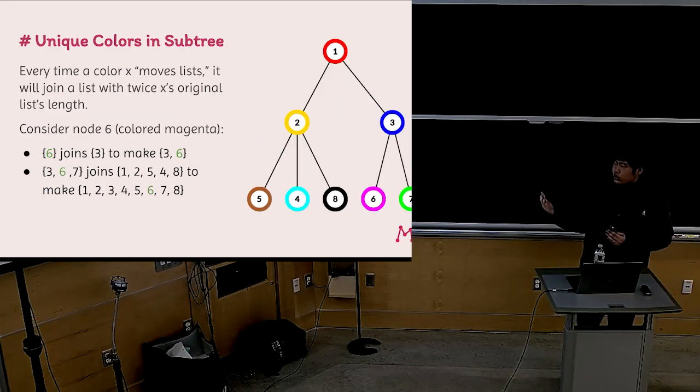So we can borrow some of the knowledge we used from DSU, which is that when we're merging the smaller set into the larger set, it's very similar to how in a DSU we have union by size. Here, when a color X moves sets, it will join a list with twice X's original list length.